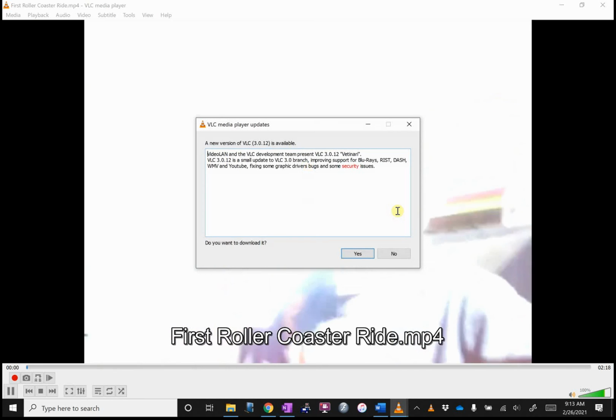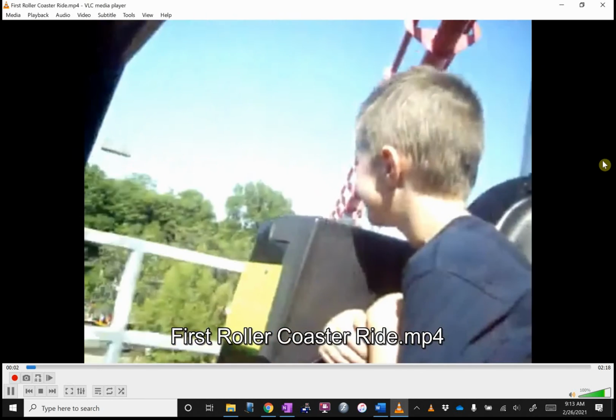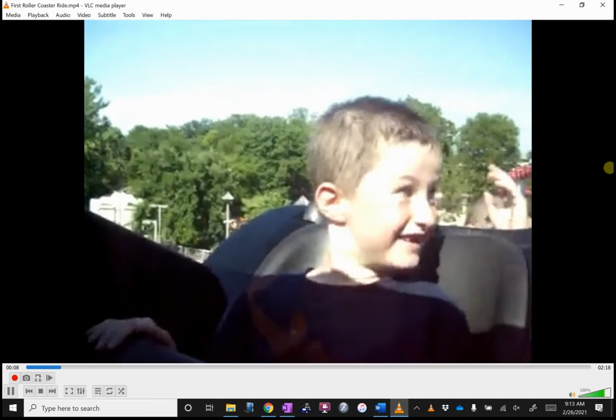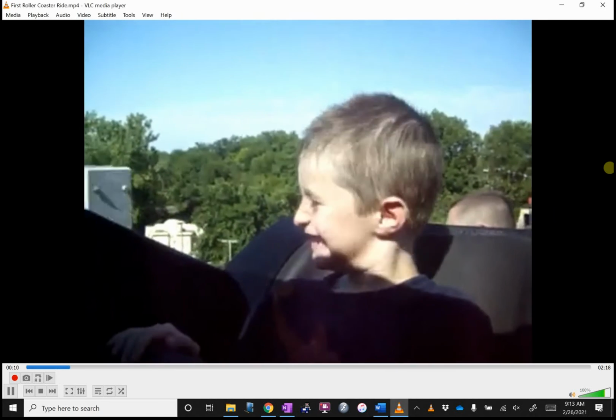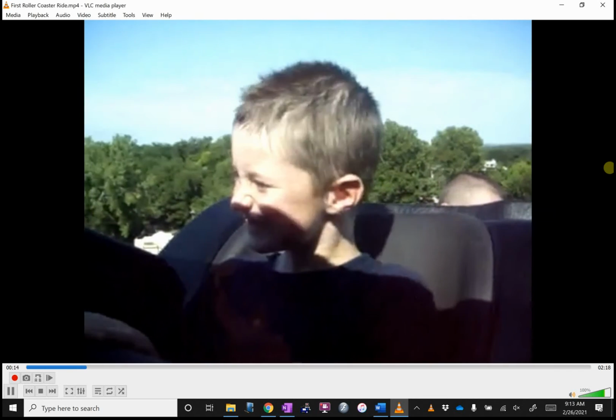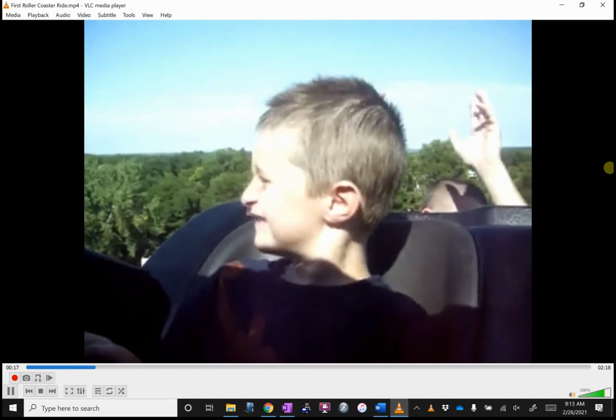Here is a young kid on his first roller coaster ride. He's about to experience his first changing normal force, and your job is to see if you can spot exactly when the normal force, how hard the ground is pushing up on him, changes.